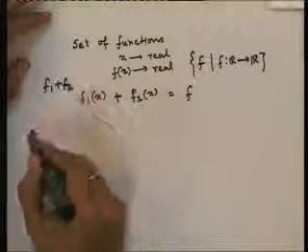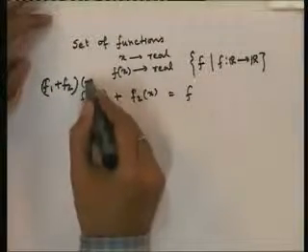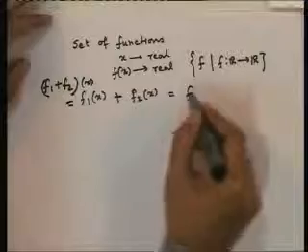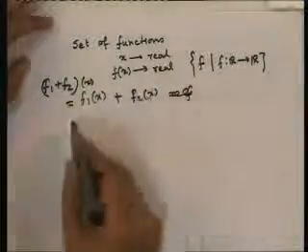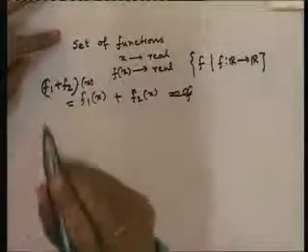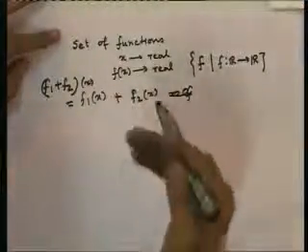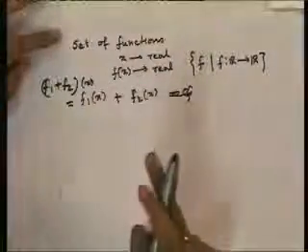This is a function. How do we define (f1 plus f2) of x? It is f1(x) plus f2(x). That is the way this addition is defined. Addition of two functions is defined this way. So each value is added. The f1(x) value and the f2(x) value are added to get the value of f1 plus f2 at x.